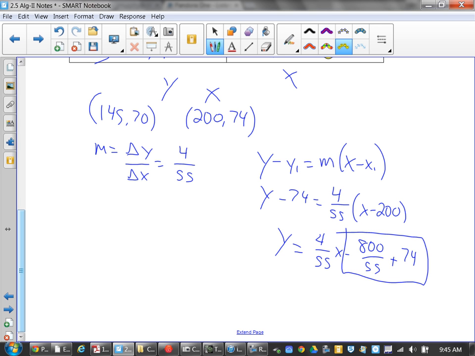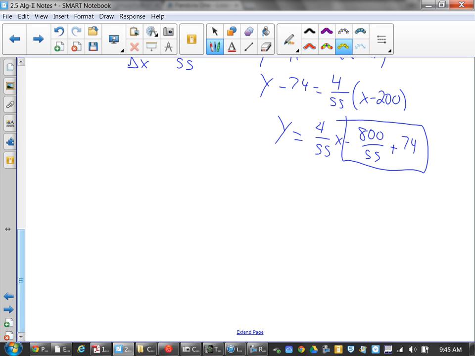We should get a fraction. We get 654 over 11. That's what I got. So your equation would be y equals 4 over 55x plus 654 over 11. Nice fraction there. Oh, it's lovely, isn't it?